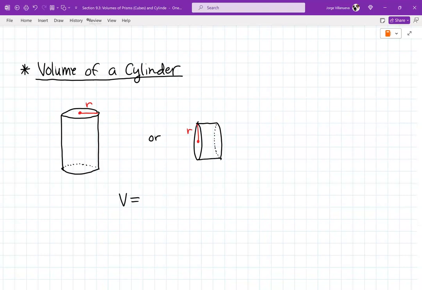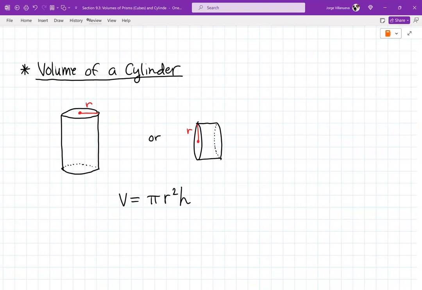It's pi r squared h. The 1/3 is when you're doing a cone, like a cylinder but pointy at the top.